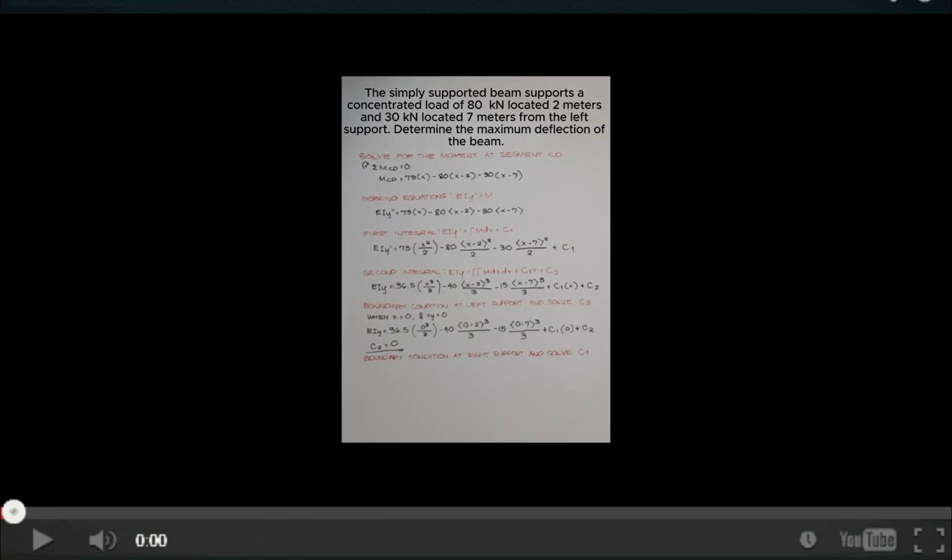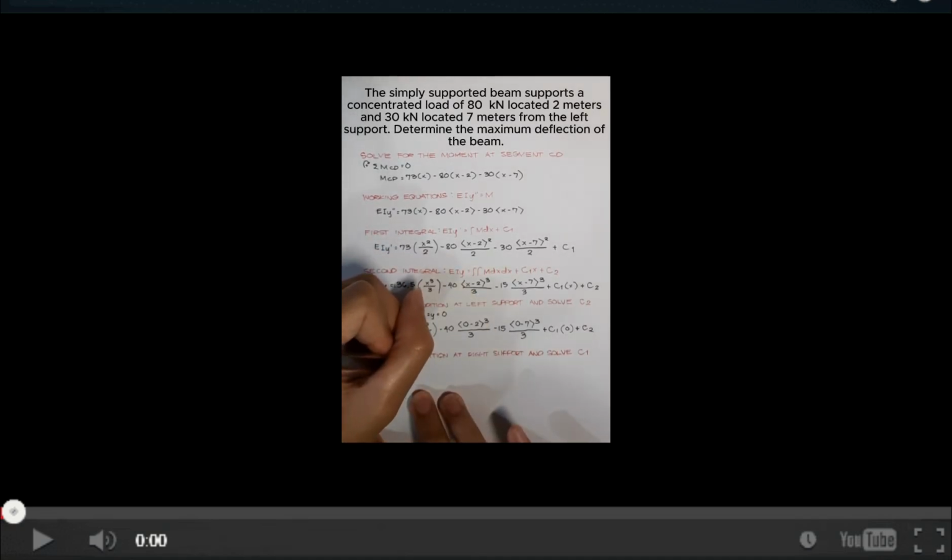Next, for the boundary condition at right support, and solve for c1. Dahil nga sa right support siya, the x is 10. So, when x is 10, y is equals to 0. Rewrite again the second integral equation. 36.5.